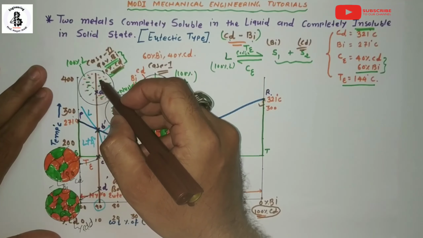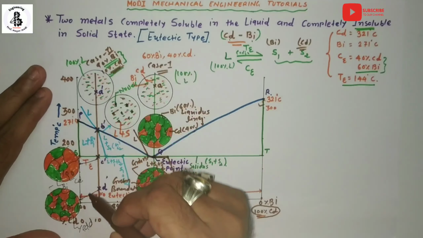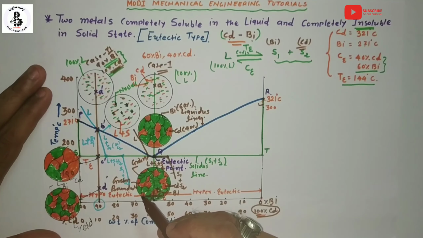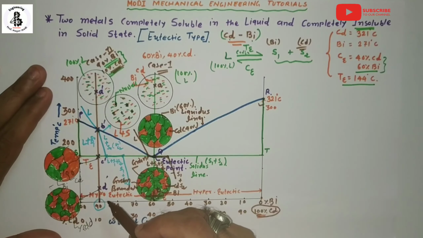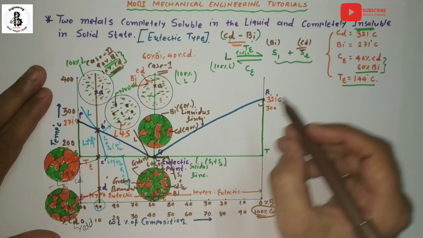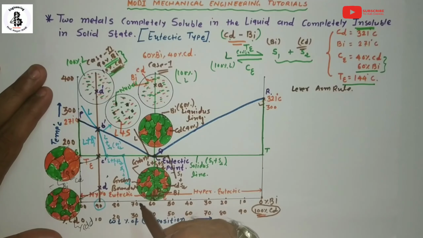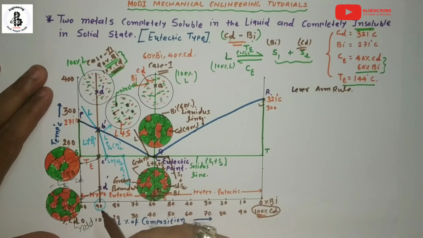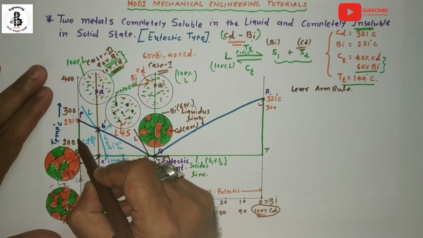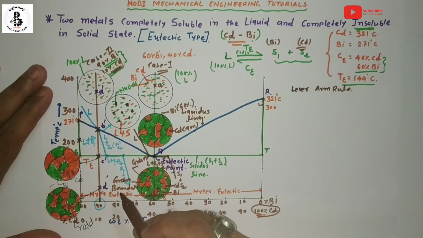Here there is already one vertical line. Now suppose in this case I want to introduce a temperature. How much percentage of liquid is formed? That will be calculated by the lever arm rule. Suppose the temperature is around 200 degrees centigrade.